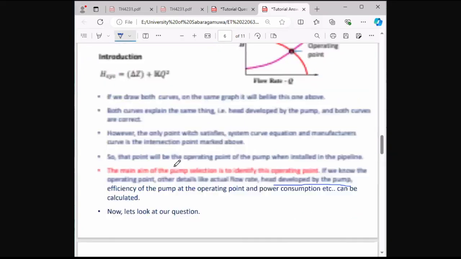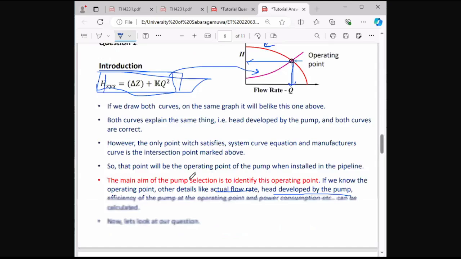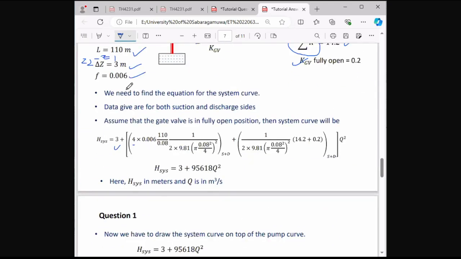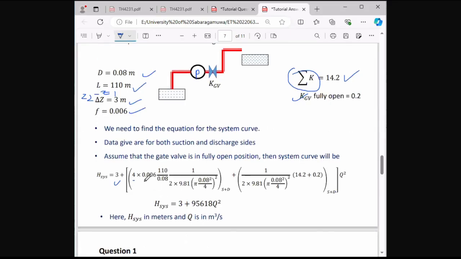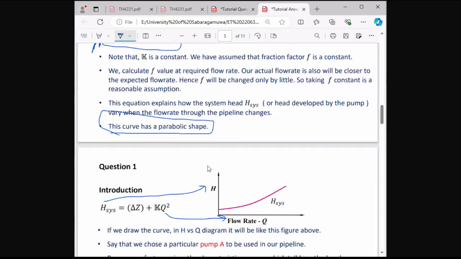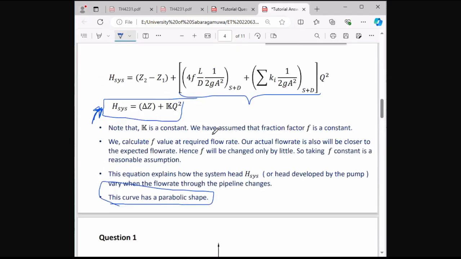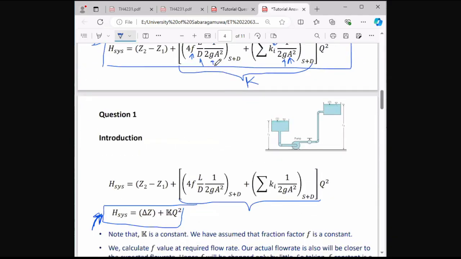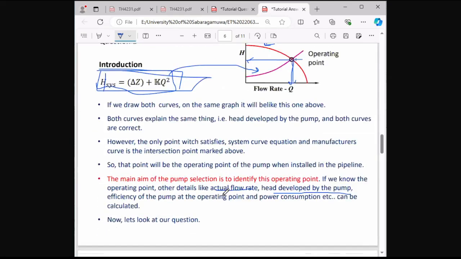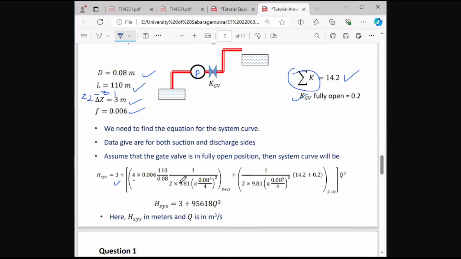Then for F, the friction factor, 0.006, multiplied by L over D, the length of the pipe 110 divided by D, the diameter of the pipe 0.08, and multiplied by 1 over 2gA squared. Then g we can take as 9.81.